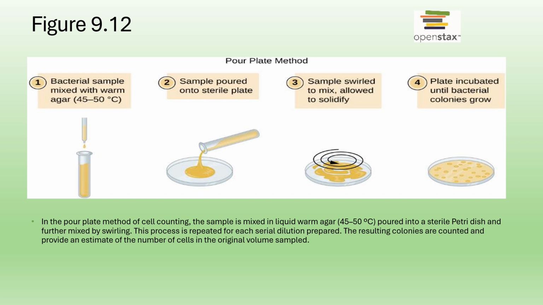Agar, when you make it and you sterilize it, it comes out of the autoclave and it will be liquid. When it reaches about 45 degrees C, then it will start to solidify. So that's why you need to keep your water bath above 45 to keep it melted.